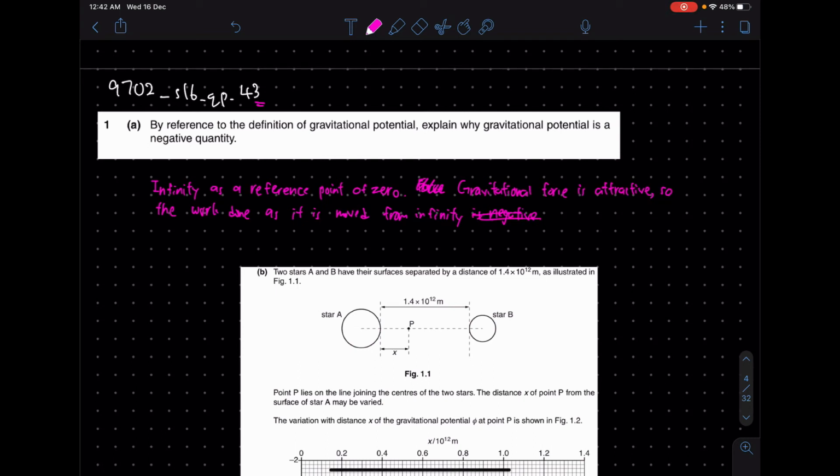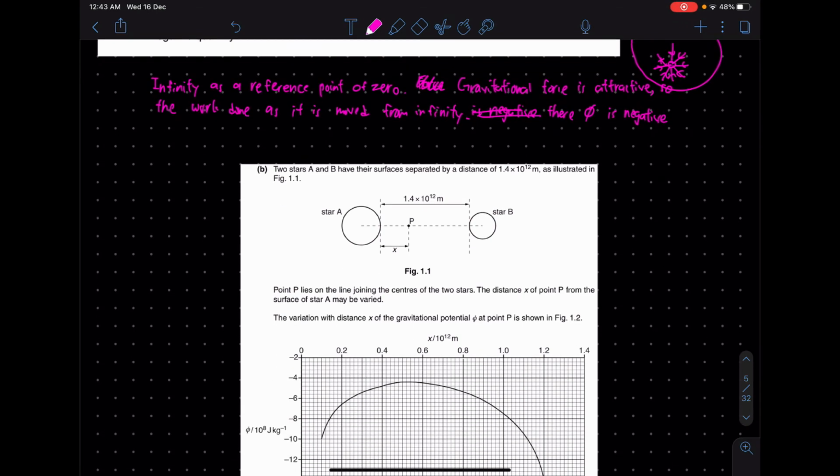Or you could just say something like that, and then you can just say therefore the gravitational potential is negative. Okay, because you can imagine like this is infinity, and obviously nothing can reach infinity. And then since the planet is here, the force is always attractive away from infinity. Okay, now we can imagine infinity like this kind of weird bubble thing that nothing can go past. So anything that goes in the opposite direction will be negative.